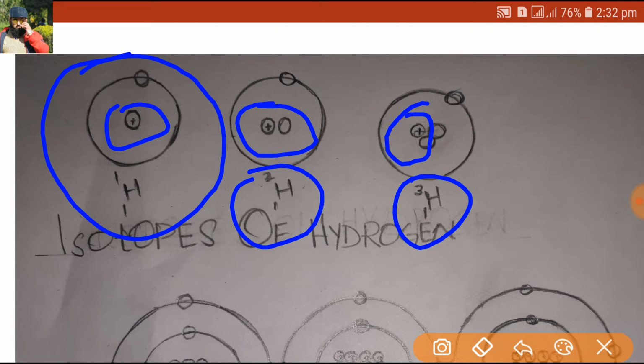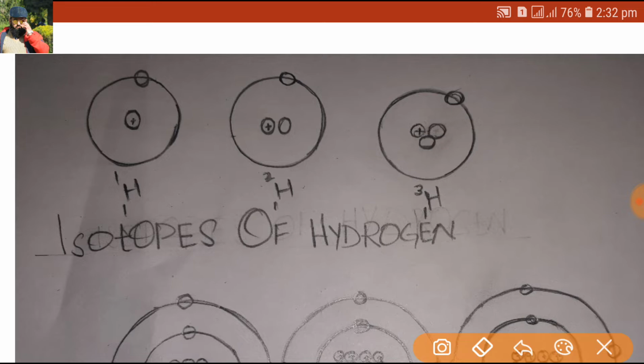In H1 or H11 there is no neutron, and in H12 we have one neutron. Here is only one neutron, and we can see in H13 or H3 we have two neutrons.